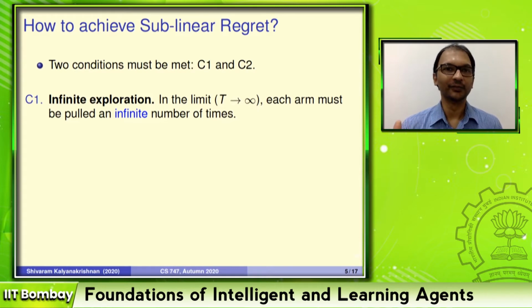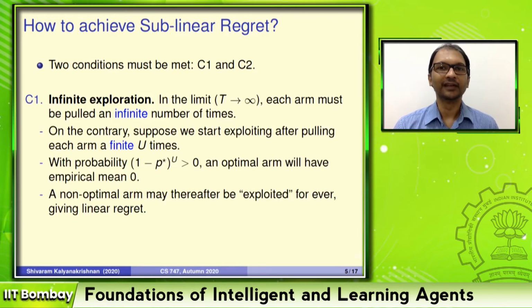So it should not be that the algorithm runs forever, but some arm in the bandit has been sampled only 10 times or even 10 million times. As long as it's a finite number, that's not good enough for the theory. C1 is the condition that as you make time longer and longer, you're guaranteed that each arm will get pulled more and more times, an infinite number of times in the limit.